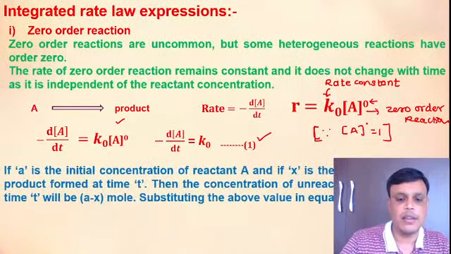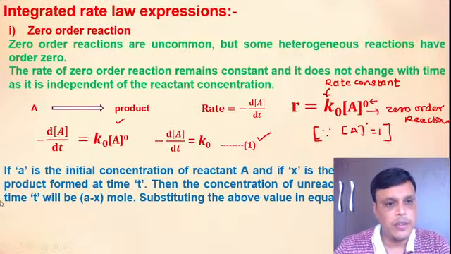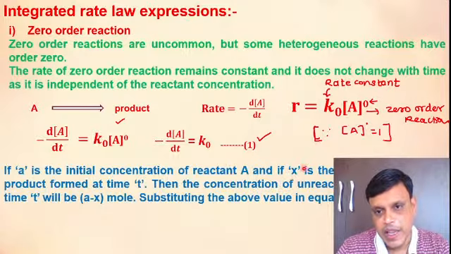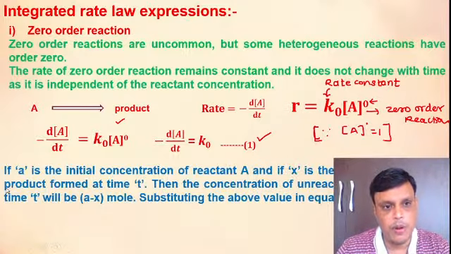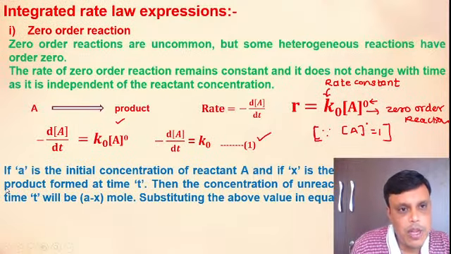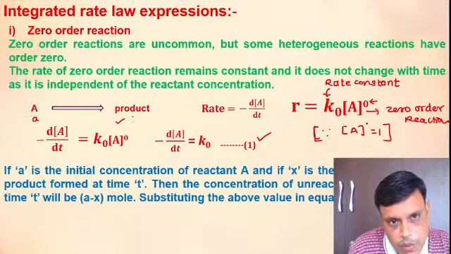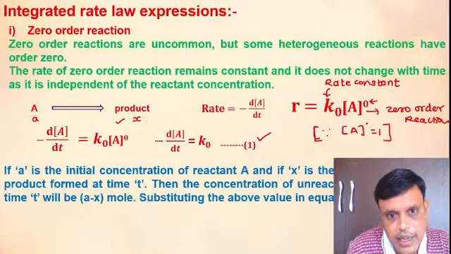Then if a is the initial concentration of reactant A, and if x is the number of moles of product formed. For example, we have the concentration of A as small a and the concentration of product formed is x at time t.